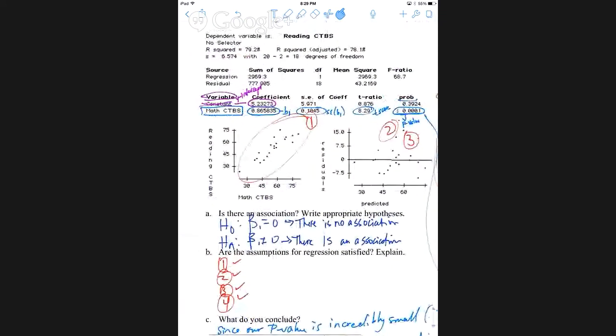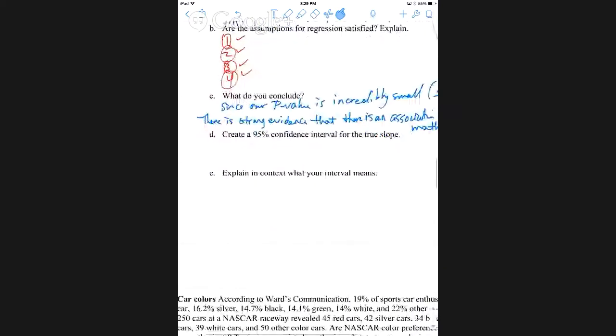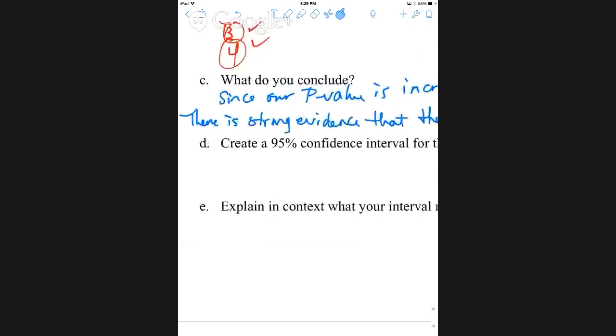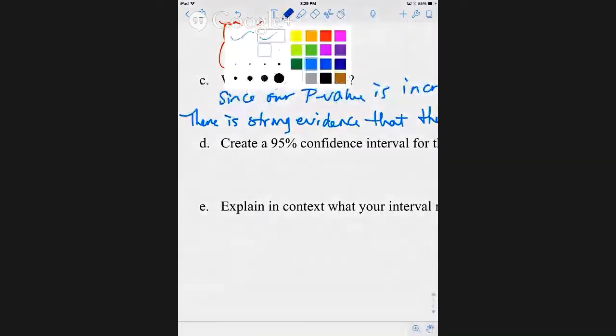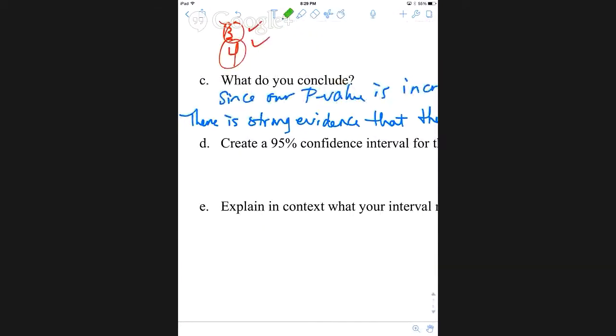Okay, so the formula for that is going to be B1 plus or minus T star with degrees of freedom times the standard error of B1.